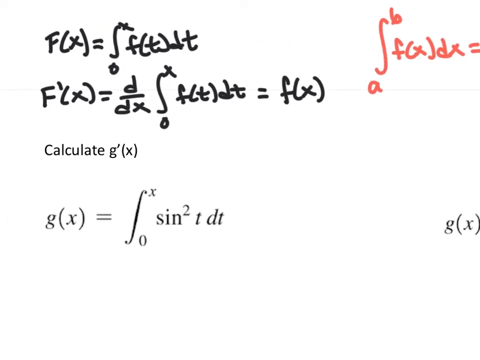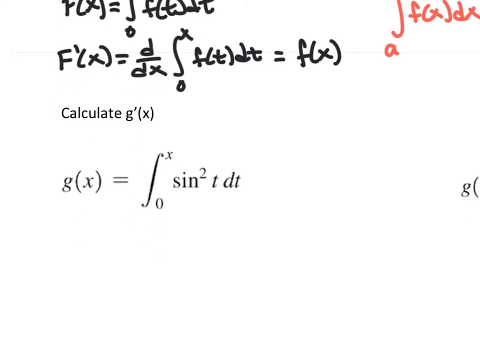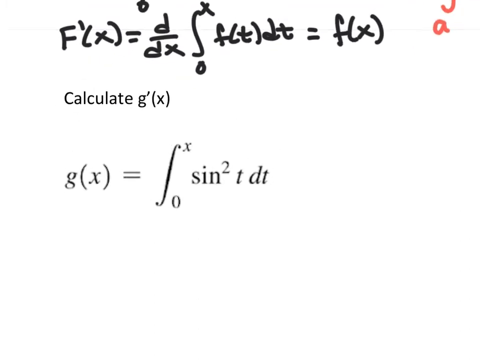In this example, I used the notation of big F of x to show what my integral defined function is, and I have little f. What I want to do is consider that over here with g. It's just named differently, I'm just using a g instead of an f.